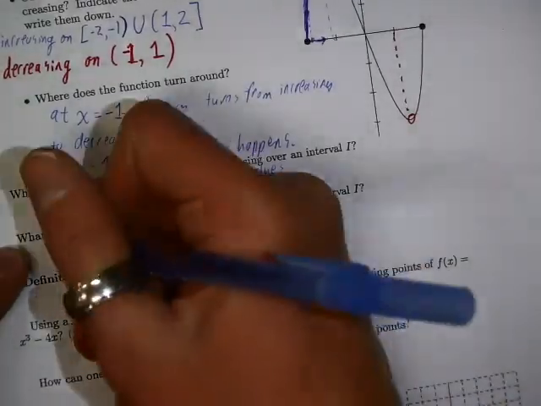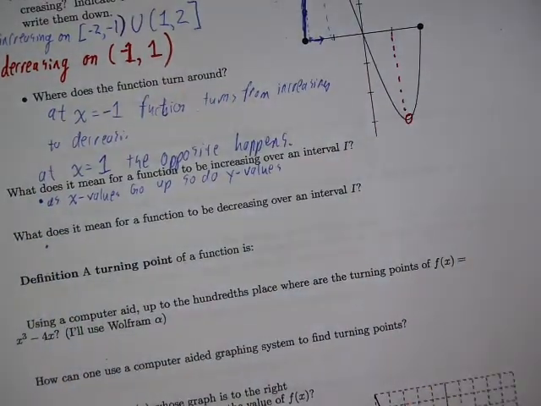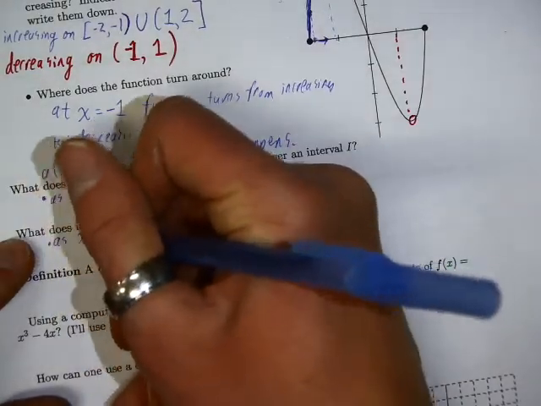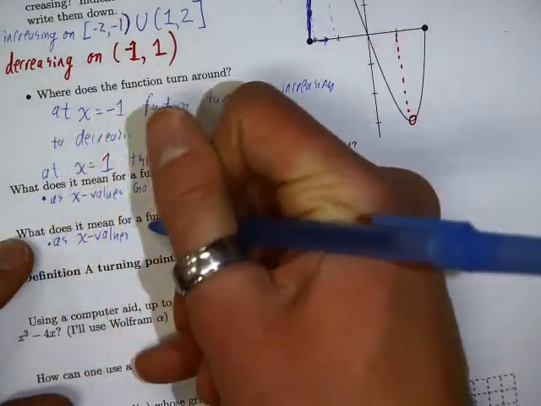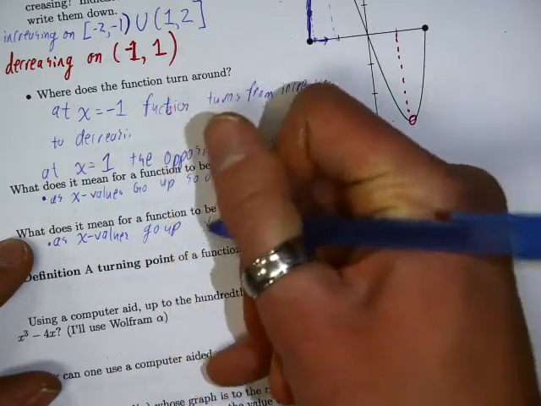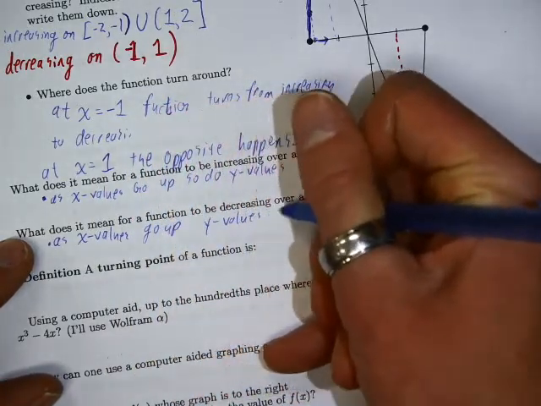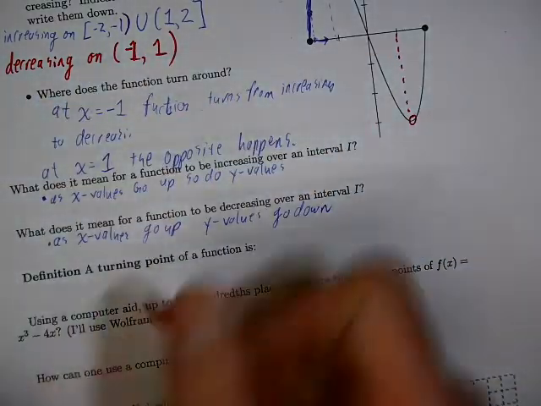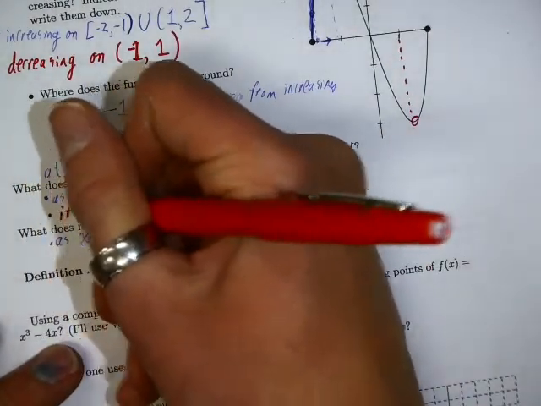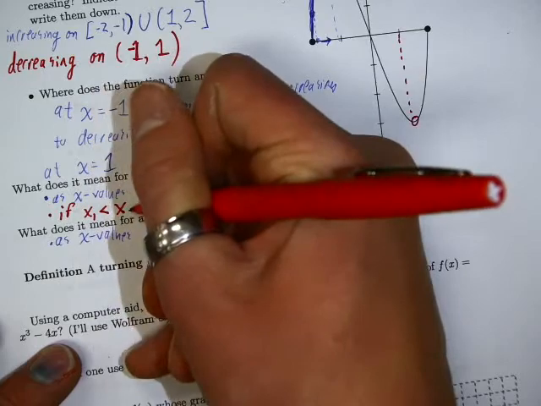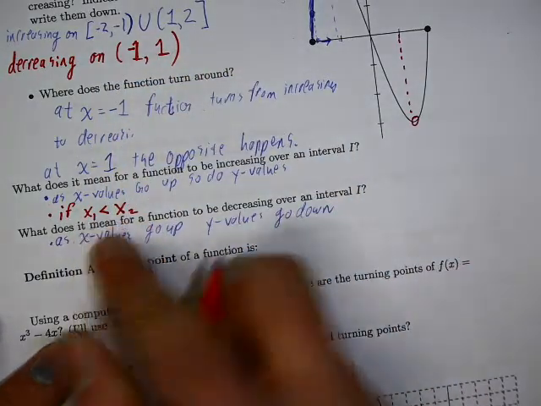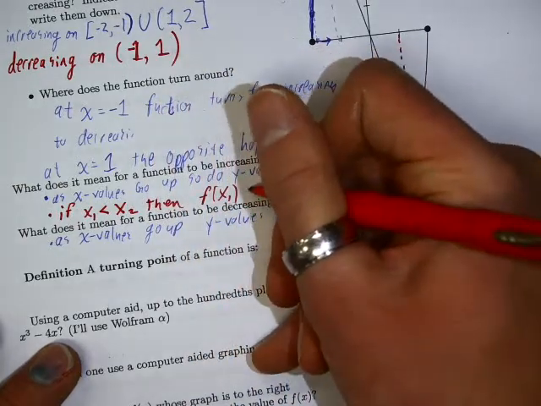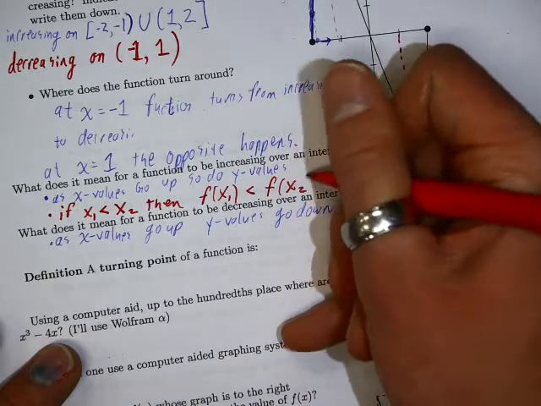Similarly, what does it mean for a function to be decreasing? And I'm giving myself more space because I want to write a second version of that definition. What does it mean for a function to be decreasing? As x values go up, y values go down. Said maybe a different, more formal way, if x1 is less than x2, then f of x1, that y value, is less than f of x2.